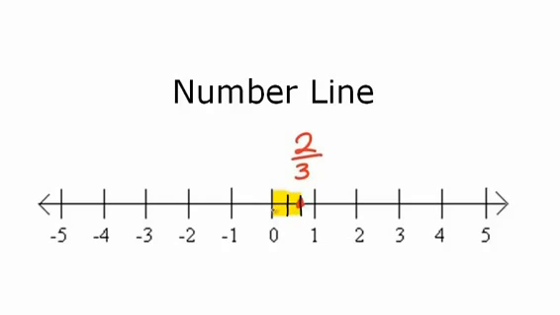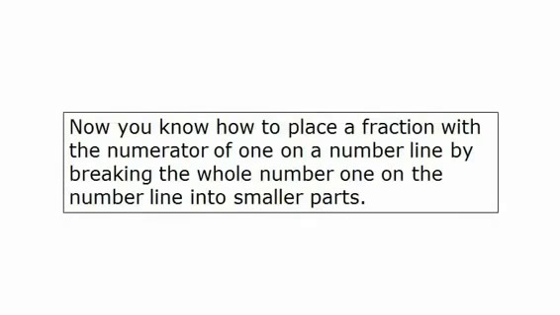It represents or shows 2 equal parts out of a total of 3 equal parts that the whole number 1 has been broken into. Now you know how to place a fraction with numerators other than 1 on a number line by breaking the whole number 1 on the number line into smaller parts.